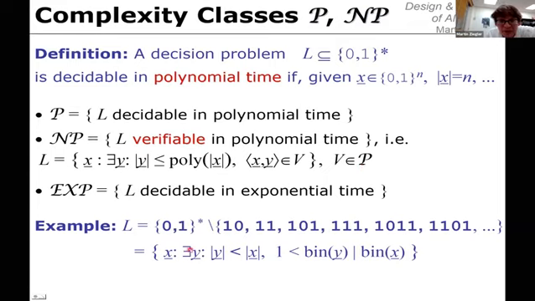And what about the first condition? The binary length of y is strictly less than that of x. That basically means that y must be a proper divisor, whereas this means that y must be a divisor and a non-trivial divisor. So this is indeed a reformulation. This is the same set as L. It's the set of all binary strings which are not prime numbers, all binary strings for which there exists a proper divisor.